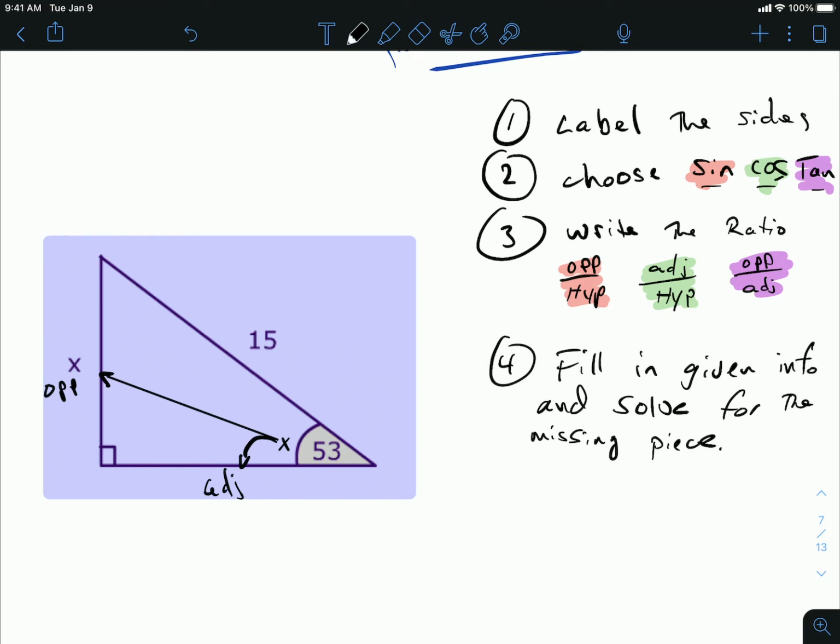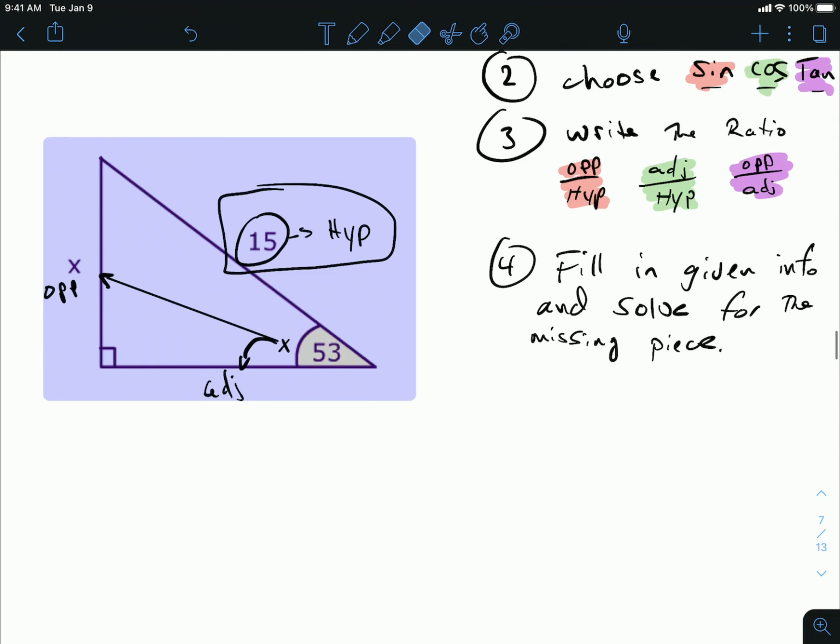And this, because it's opposite of the 90, the biggest angle, must be the biggest side length, which we define as being the hypotenuse. This one is always what it is. It's always the hypotenuse. These are the two that can kind of flip around on you.